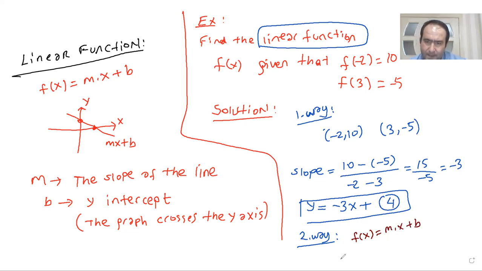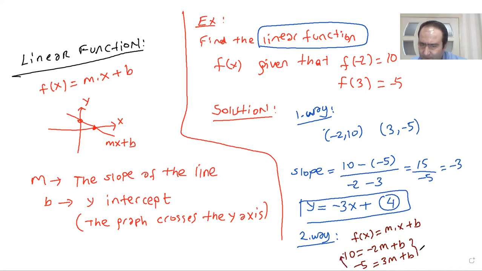So f(-2) = 10 equals -2m plus b, and -5 equals 3m plus b. Let me find m and b.